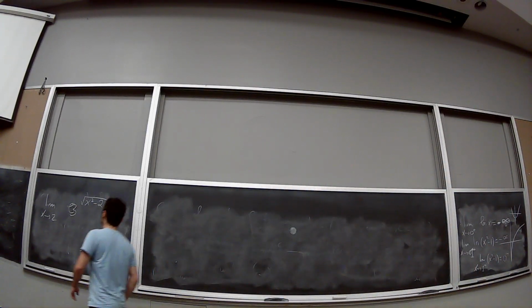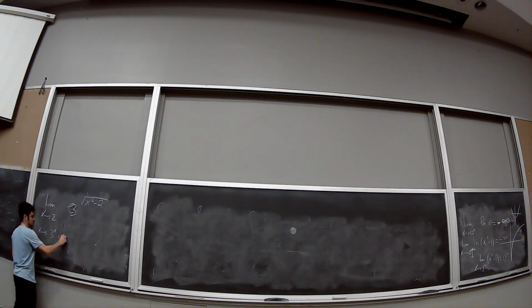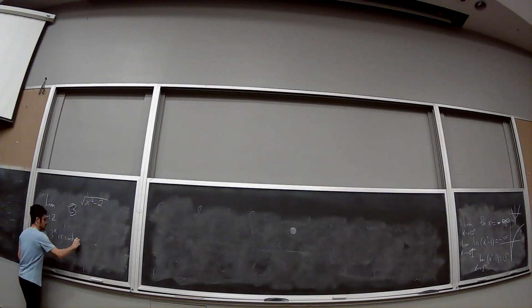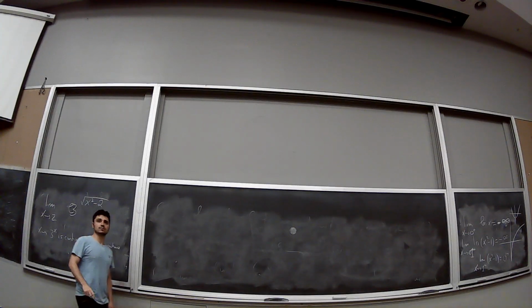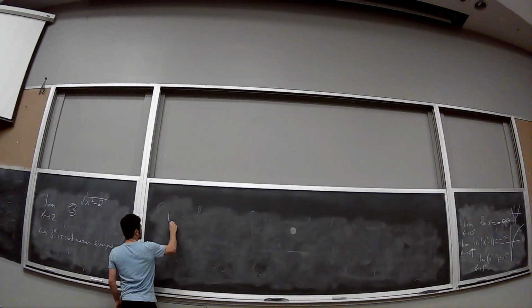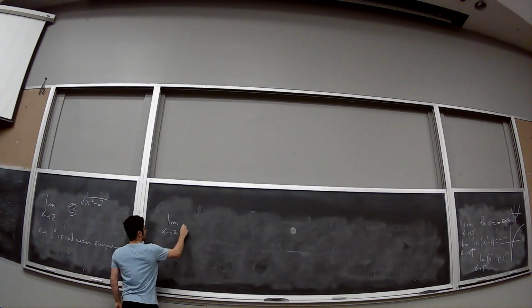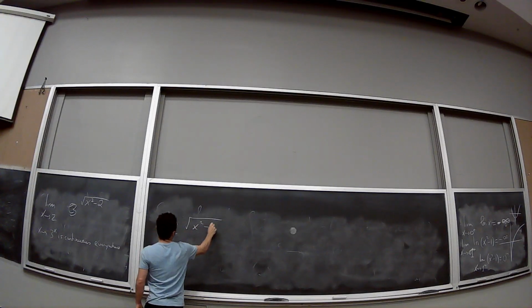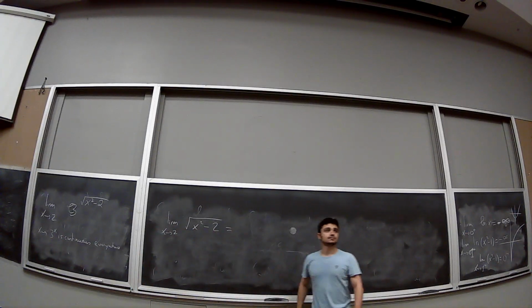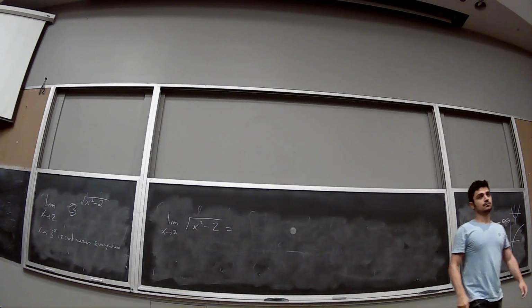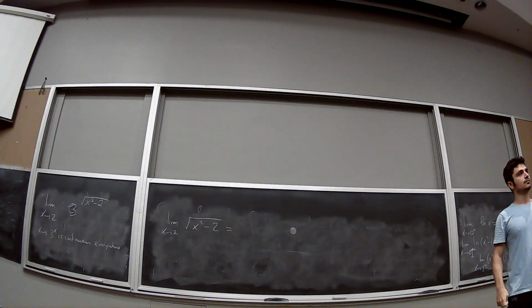Now, is 3 to the x continuous? 3 to the x is continuous everywhere, right? We agree or not? Now, what is the limit as x approaches 2 of square root of x squared minus 2?